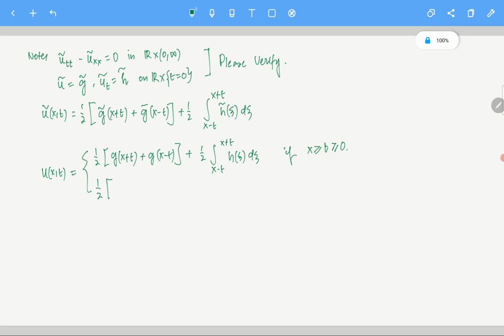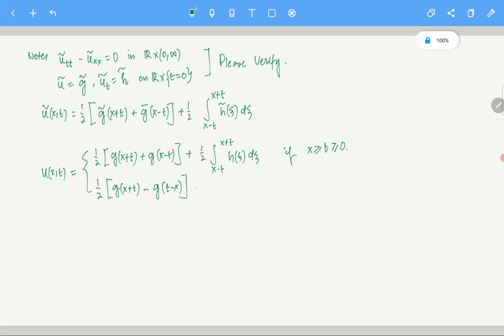Now what about the other case? This I want you to just calculate yourself. It is very easy, and there is nothing much to do here. This is minus g of (t minus x); this gets changed to t minus x, because g tilde is minus g of minus x. So that is why this plus gets minus and g of minus x.